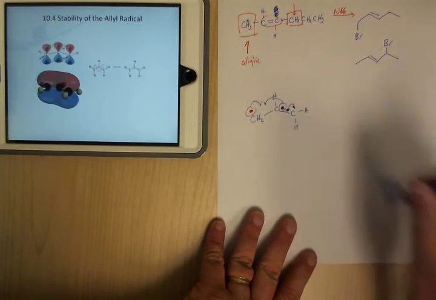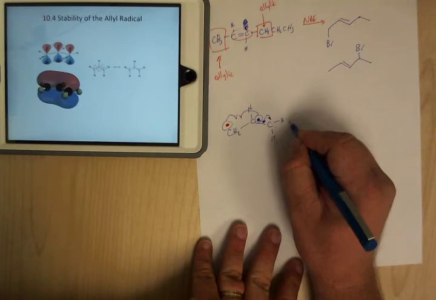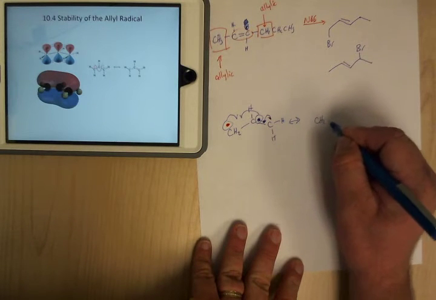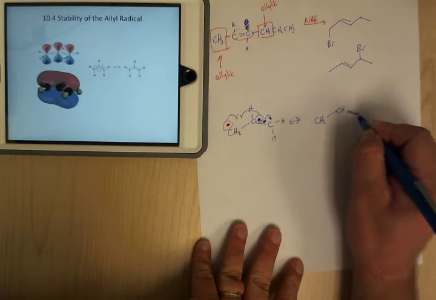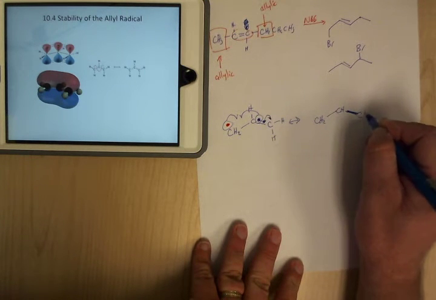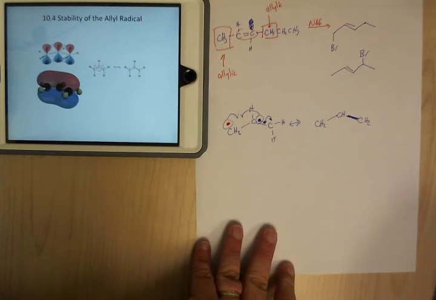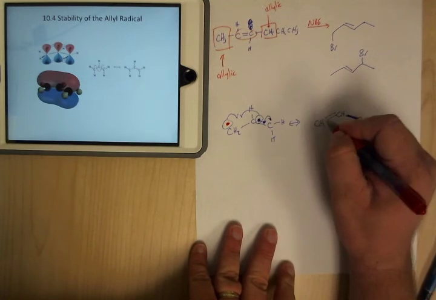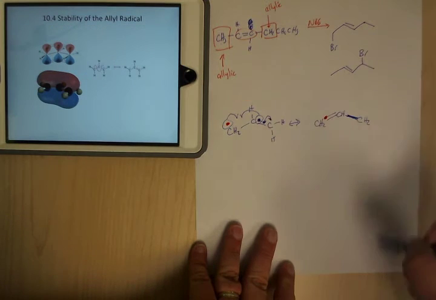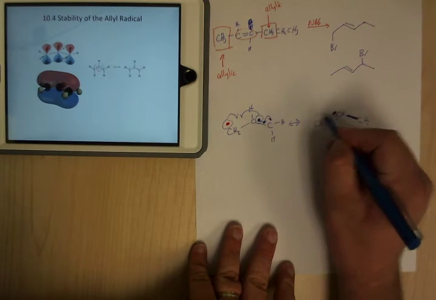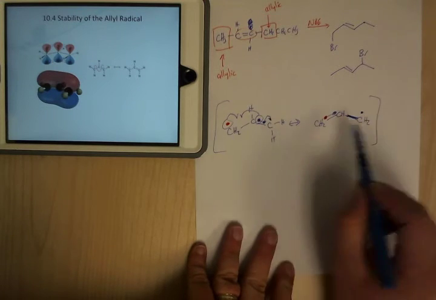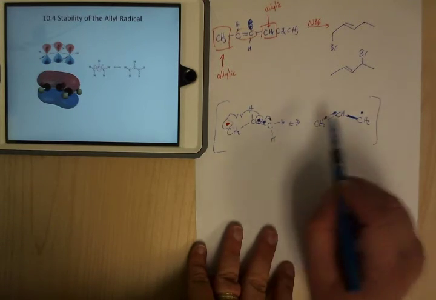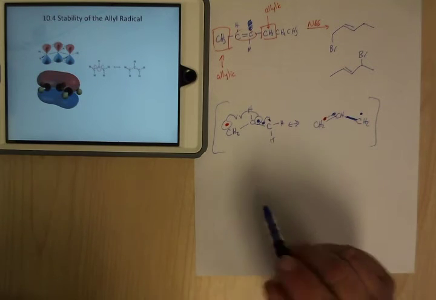Notice I'm doing single fish hooks. So you end up making a double bond there, and one of these was there and there, and the other one goes there, so you can get this resonance stabilization between the two, which makes it much more likely to occur.